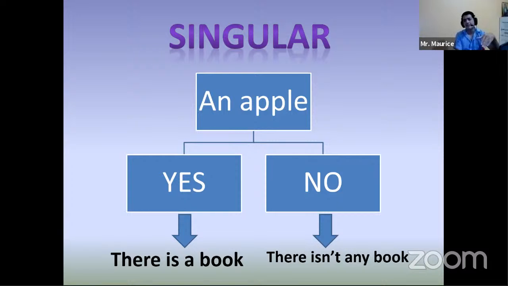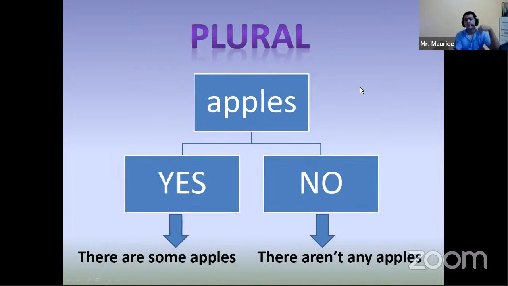Positive and negative. Now, take a look. Plural. En plural tenemos ahora apples. Plural, you see? Manzanas. Positive. There are some apples. Negative. There aren't any apples.